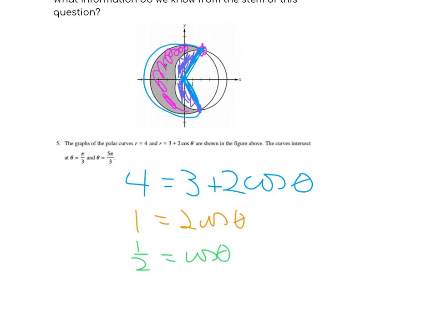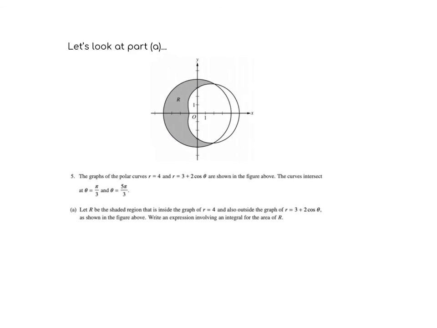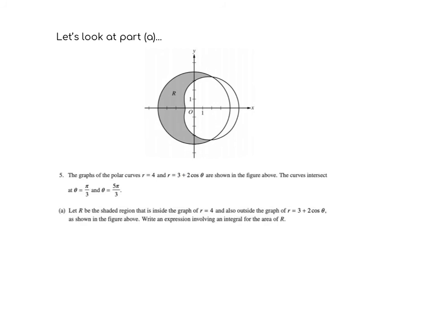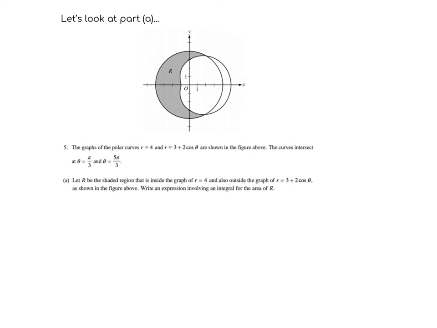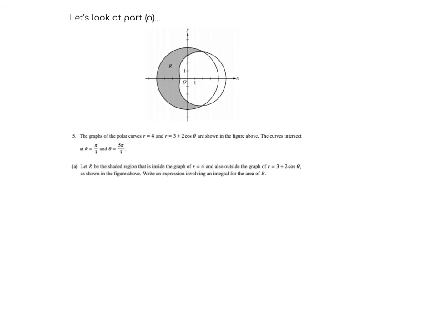All right, let's see what they have for us. Part A. R is the shaded region inside r equals 4 and outside r equals 3 plus 2 cosine theta. Write an expression involving an integral to find the area of R. So what I said was, if I integrate the r equals 4, which I think I made light blue, you could just use geometry also, but I want to do things similarly.